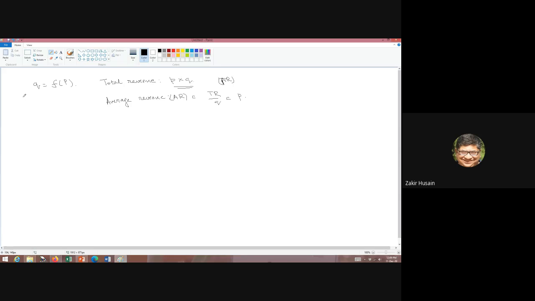Now, if you take the inverse function, remember we had discussed inverse function, then this is simply P equals P of Q. Can you explain average revenue is TR by Q? What is this symbol?